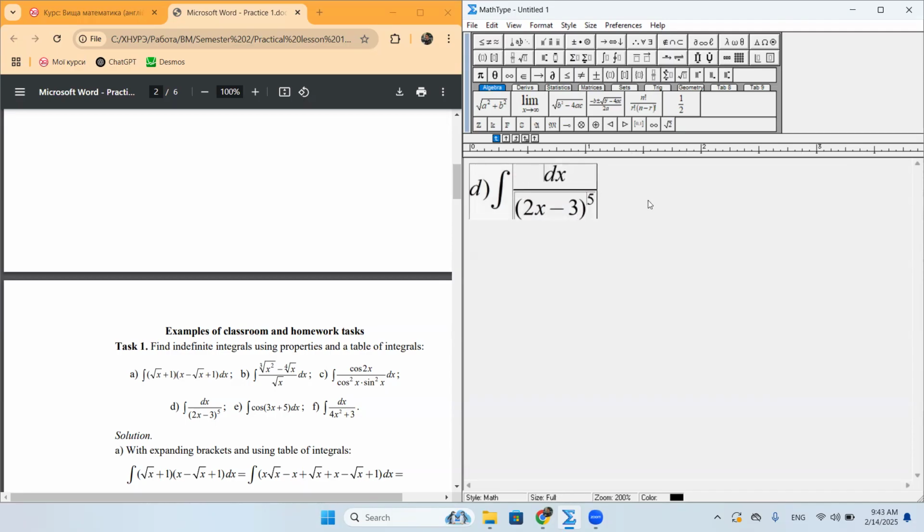So your ideas, how to solve it. Yeah, so we know a table integral, so this integral.